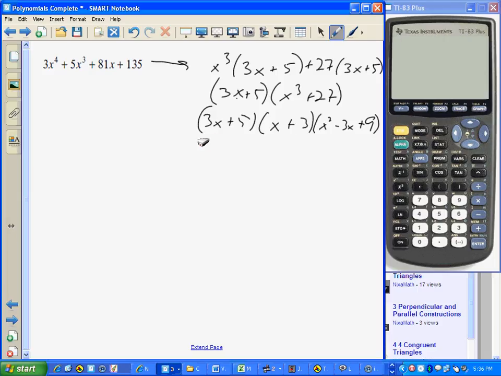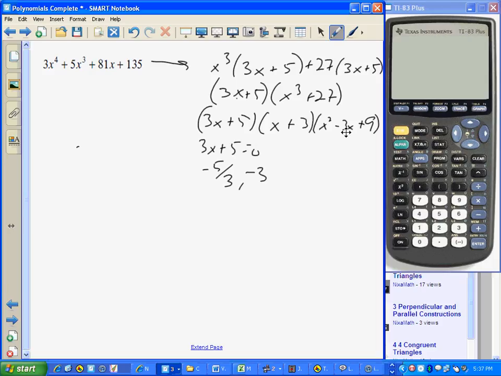So I'm going to have factors of, okay, so minus the 5 divided by 3, I get negative 5/3. This one would give me negative 3. This one, I'm going to have to use my quadratic formula on.